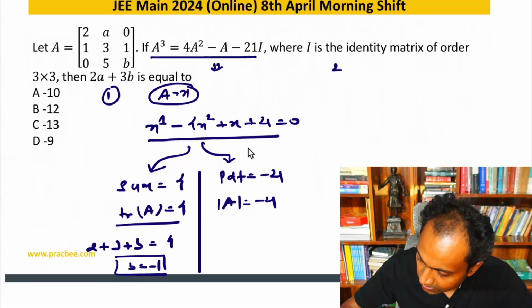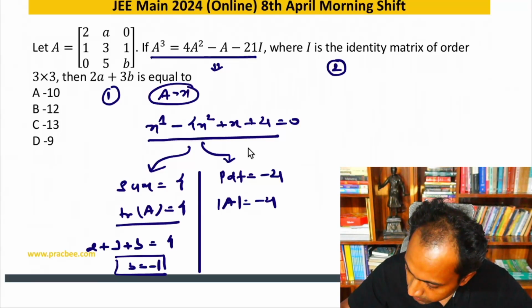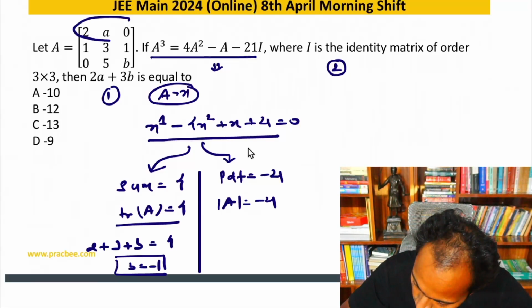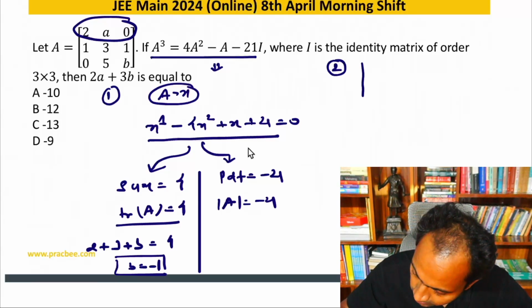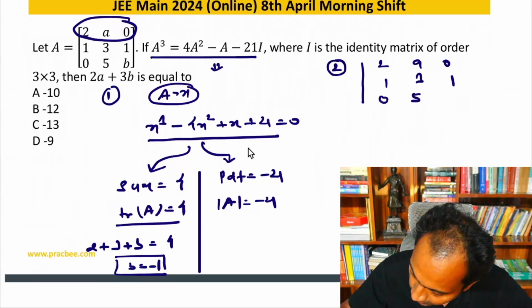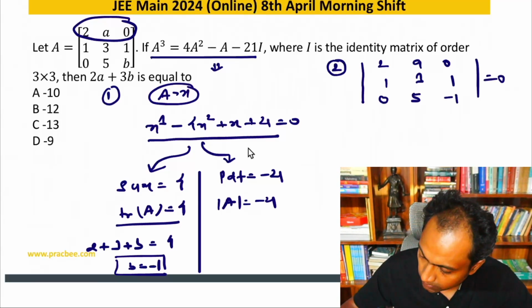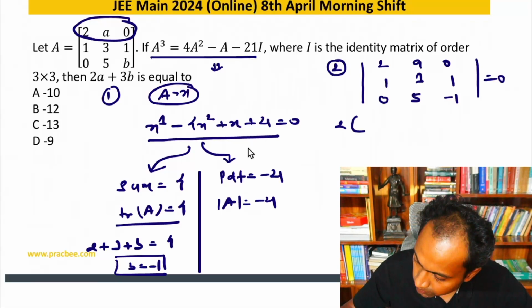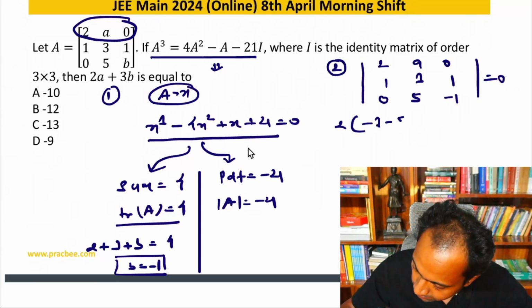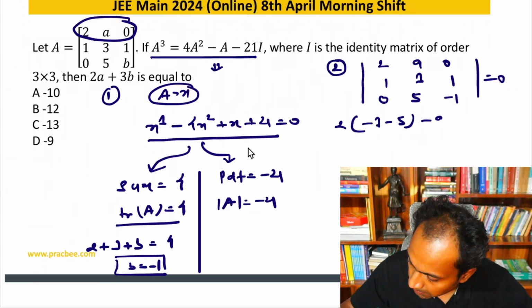In the second step, let us find the value of the determinant. So if I open it along the first row, it is going to become 2, a, 0, 1, 3, 1, 0, 5, minus 1. So 2 into minus 3 minus 5 will come, minus a into minus 1 will come.